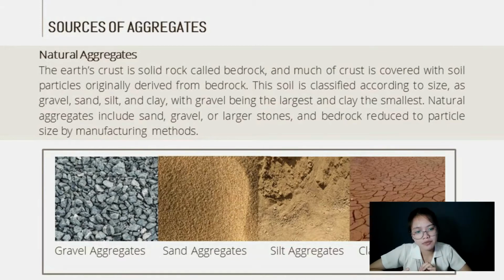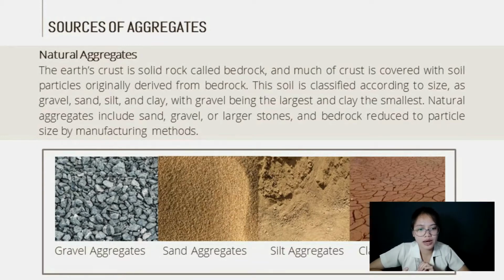From the name itself, natural aggregates, these aggregates are naturally occurring, and they only undergo physical processing.